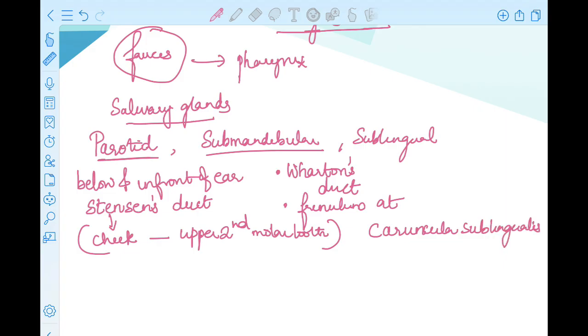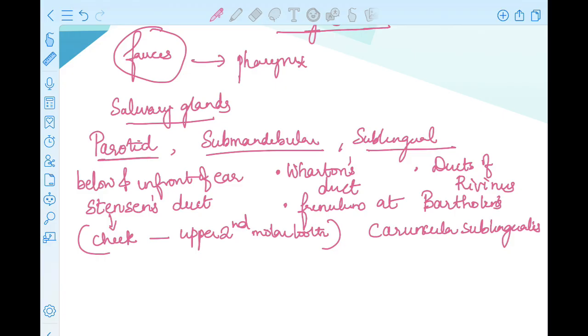Then we have the sublingual glands, which are the smallest of the major salivary glands, in the mucosa of the floor of the mouth. It drains via the ducts of Rivinus, which are a group of 5 to 15 ducts. And the largest of these ducts of Rivinus is the Bartholin's duct.